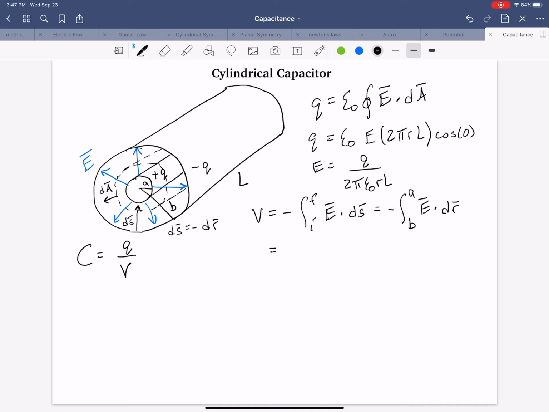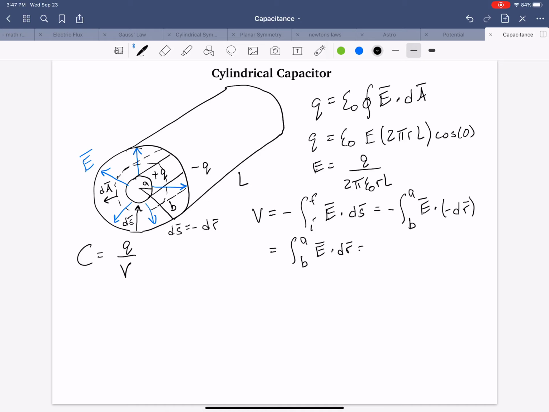Whoops, I forgot that it's a negative dr. There. Now the negatives cancel out, and we have integral B to A of E dot dr. Right? And it's positive.